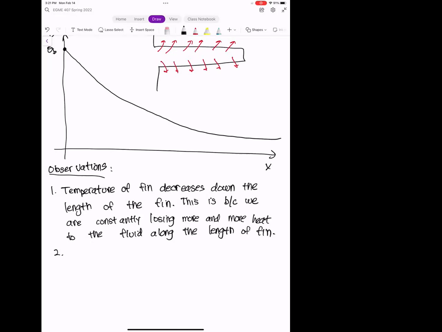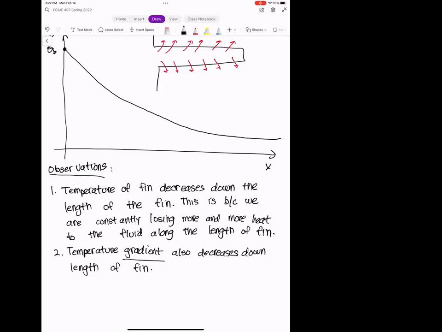Another observation that I want to make is that the temperature gradient is also decreasing with x. What do I mean by temperature gradient?